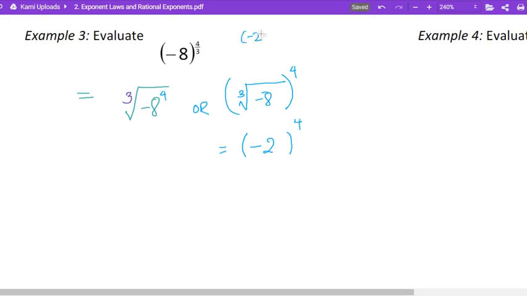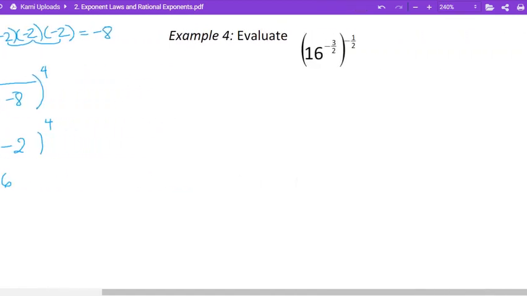Remember, -2 times -2 times -2 equals -8, right? +4, -8. So we can have a negative radicand. In some cases, yes. Okay, now that we have a negative, now we have a base. We've got -2 to the power of 4. So 2 times 2 is 4, times 2 is 8, times 2 is 16. And that is the expression evaluated, right? We found the value.